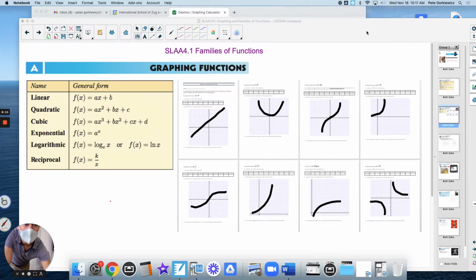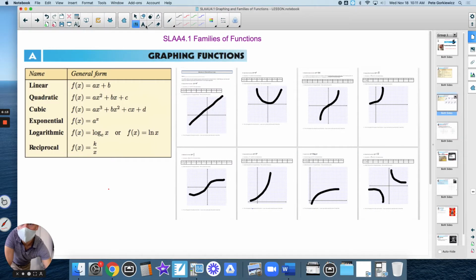Cool. So maybe just roughly sketch a graph of these. That one's linear. Here, I'll type them in. This is ax plus b. This is a quadratic, so this is y equals x squared. This is a cubic, y equals x cubed.